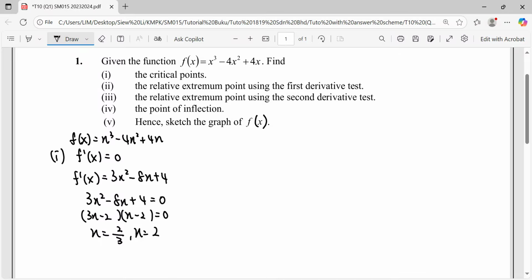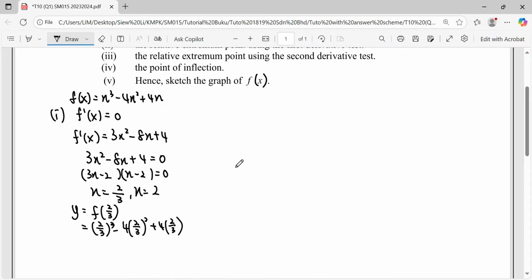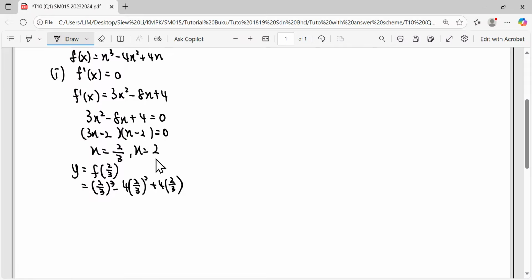After we get the x coordinate, the next step is to find the y coordinate. To find the y coordinate, we substitute the x value back into the original function. So from here, it gives us 2 over 3 cubed minus 4 times 2 over 3 squared plus 4 times 2 over 3. For the other coordinate, we substitute the value 2.